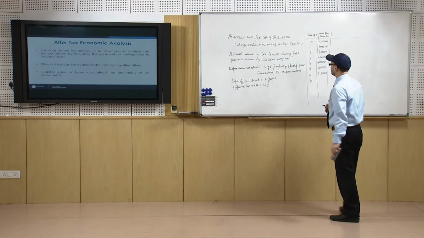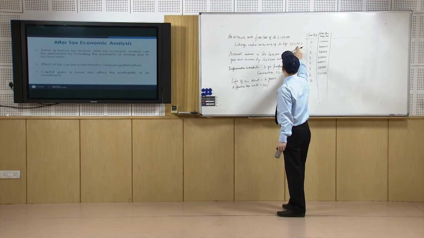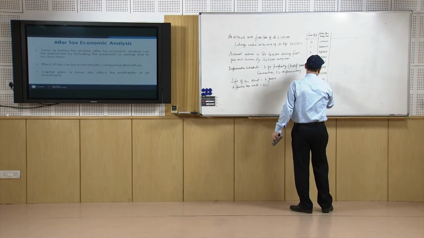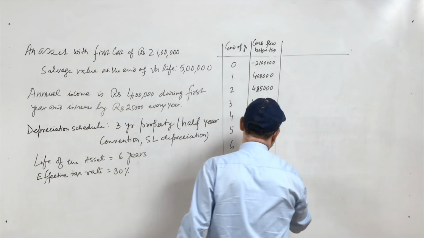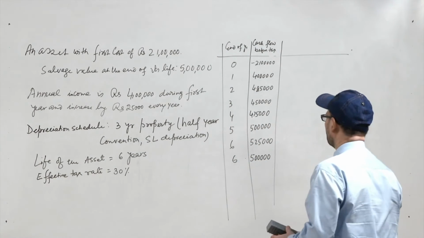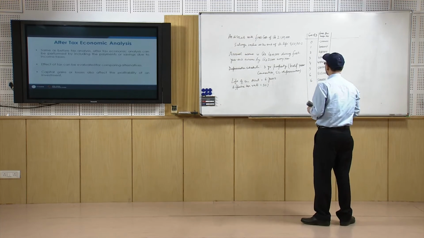In the 6th year at the end you are getting the salvage value back. So, this is basically the capital gain by the company.